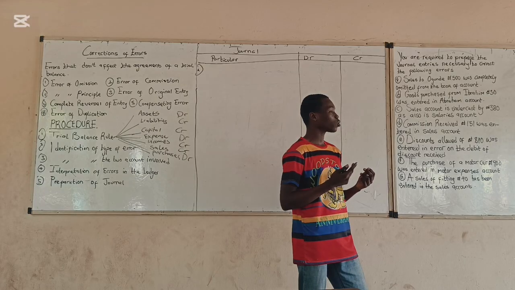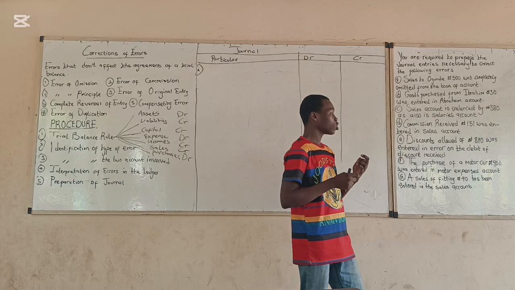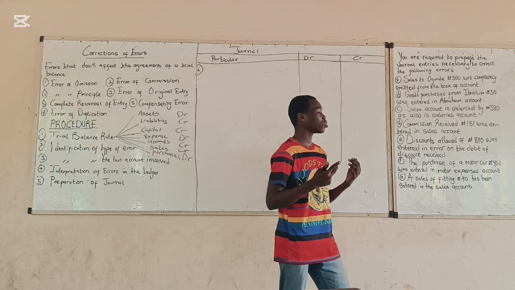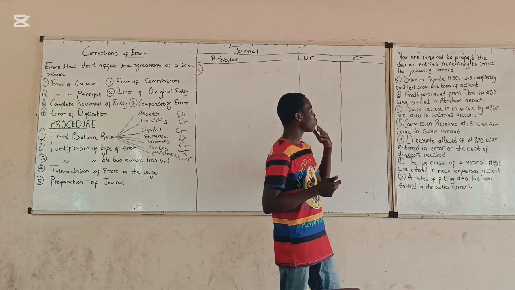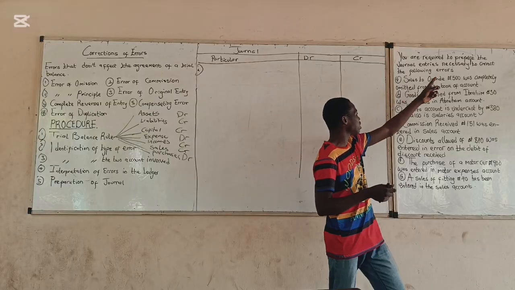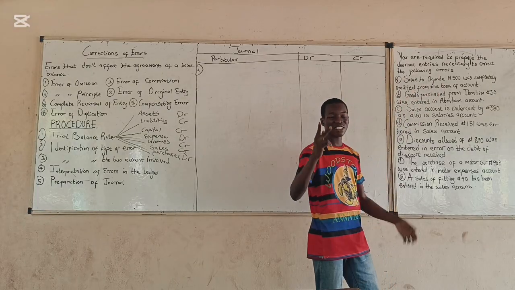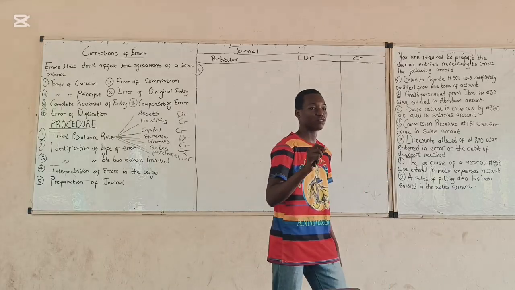You are going to think, what are the two accounts involved? Do you get it now? When you are able to identify the two accounts involved, that's when you'll be able to write up your journal. The two accounts involved there are Ogunde, which is the personal account, and sales.